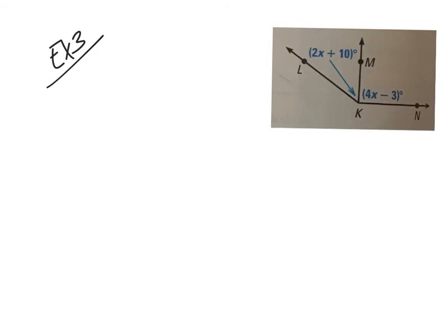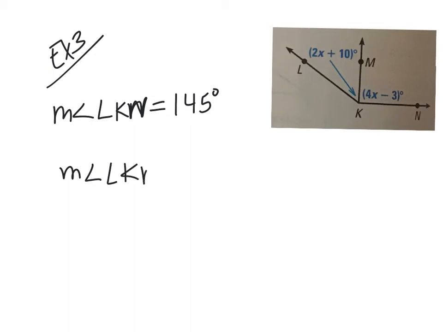And it tells you, given that the measure of angle LKN equals 145 degrees, find the measure of LKM and the measure of MKN.